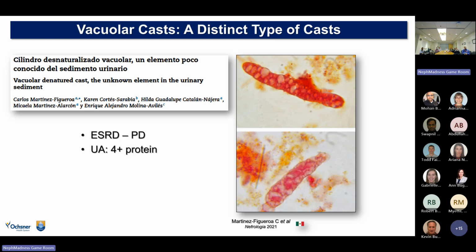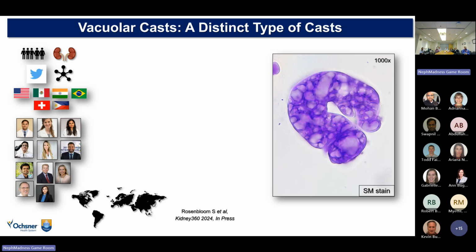In his report, he only has 2 citations from a Japanese document that is not translated to English, so I haven't been able to get more details, but there was nothing else in the literature. So for that reason, we used our medical education platform, social media, and started sharing these pictures on Twitter, and we had some other colleagues around the different countries in the world who do microscopy and had similar observations. They said, yes, we have seen these casts and have collected data.